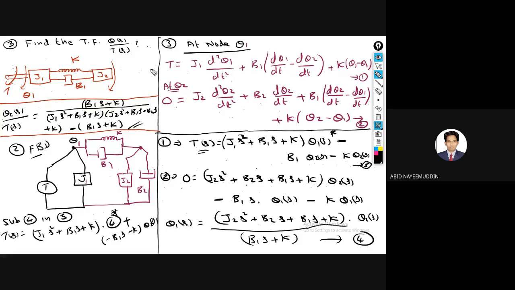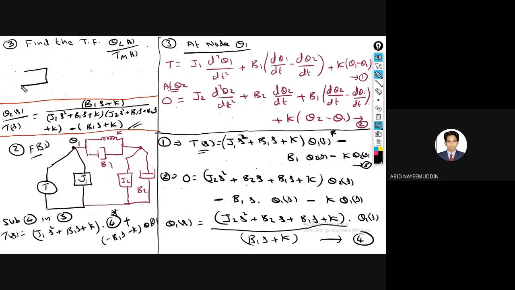Please make a note. Meanwhile, I am going to draw the third problem. Theta L of S by Tm of S. Just variable names change. Very easy problem.